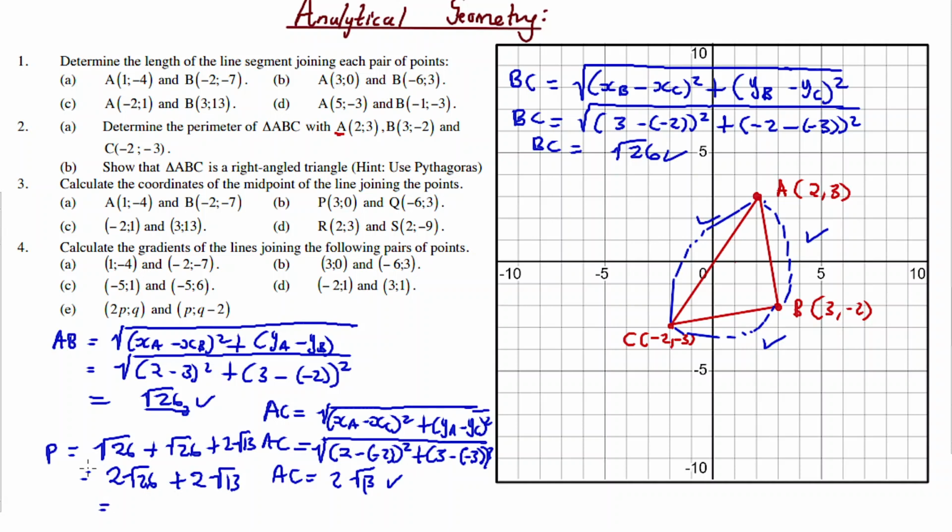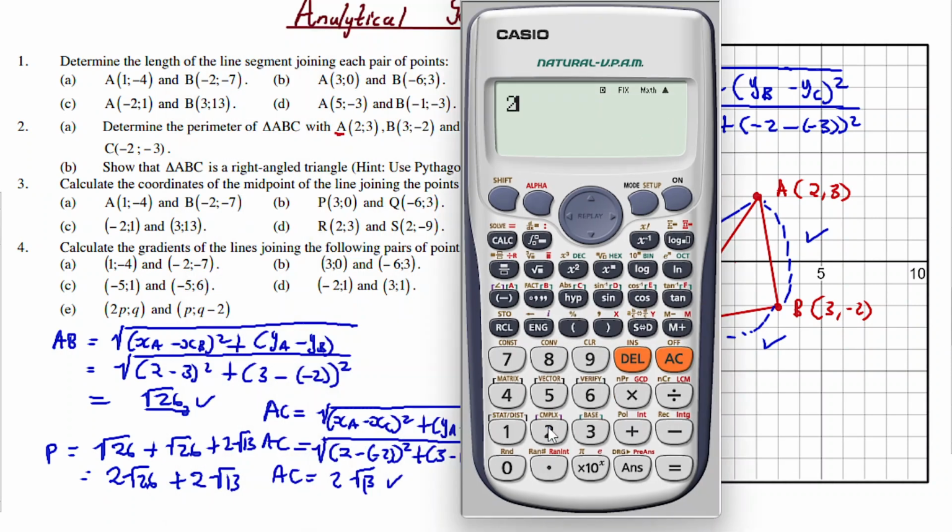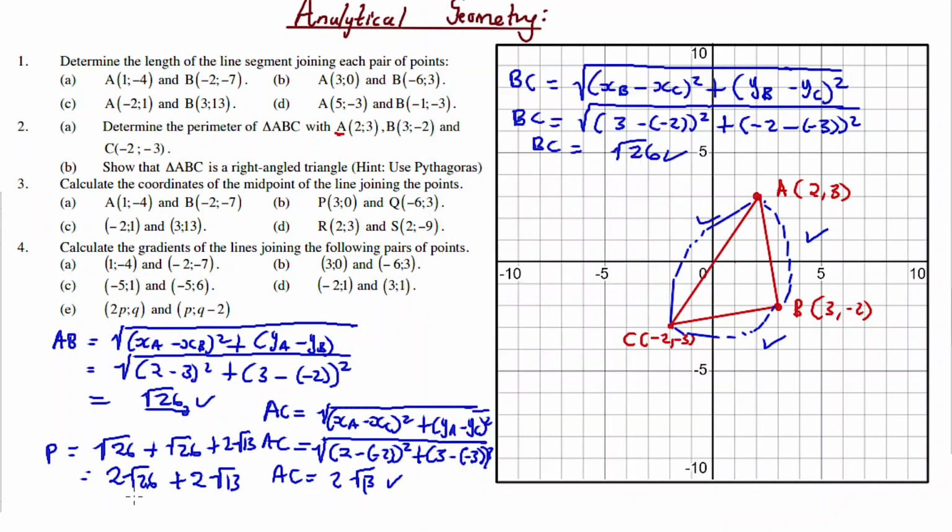So the answer is gonna be what? Let's get the final answer in three decimal places. Square root 26 plus 2 square root 13. Answer: 17.409. So this is our final answer. This is how you get the perimeter.